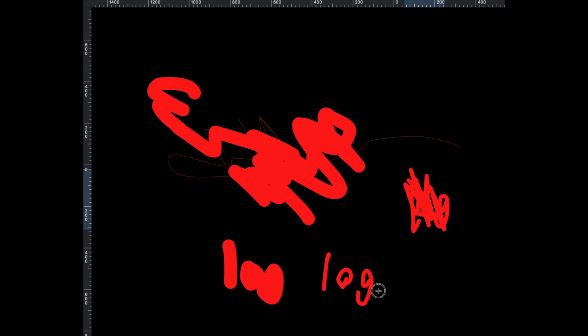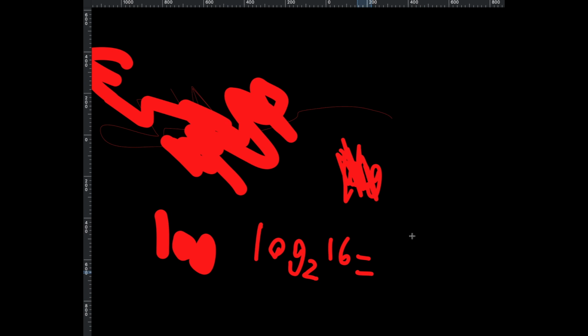So log base 2 of 16, just remember this example. Log base 2 of 16 is asking us what power we have to raise 2 to, to get 16. I hope you learned something in this video.